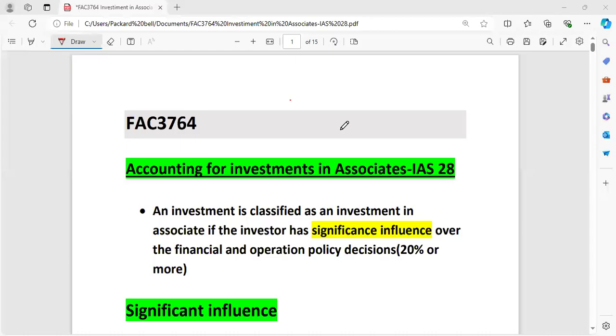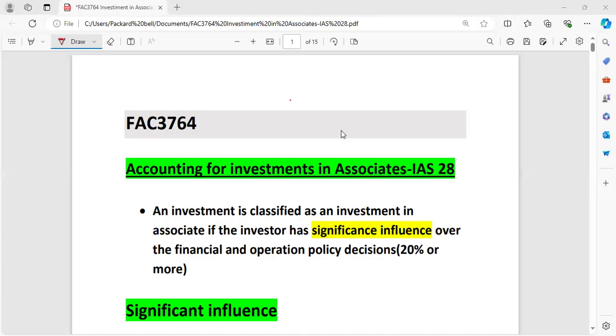So since they don't have control, when we do our consolidation, we don't combine the assets. What we only account for is the investment that was made by the investor in the associate.